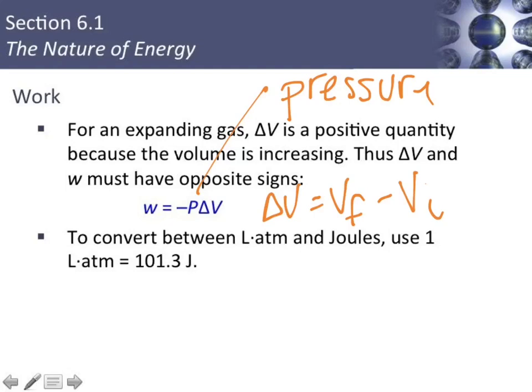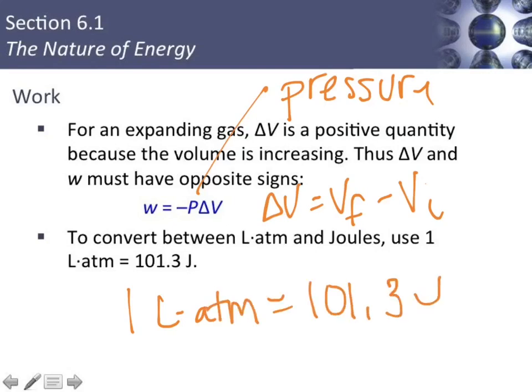When we talk about work, we talk about it in joules, but when you have negative P times delta V, you get liters times atmospheres. So you might have to convert from liter atmospheres to joules. For every 1 liter atmosphere, it is equal to 101.3 joules.